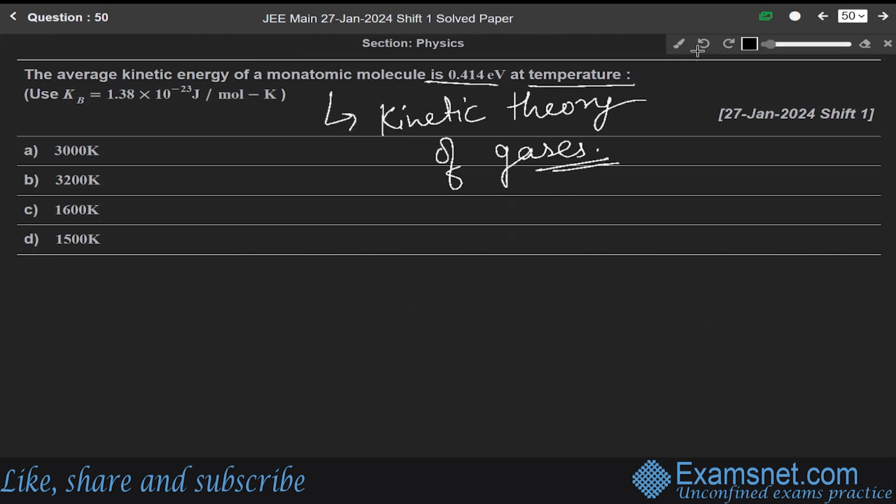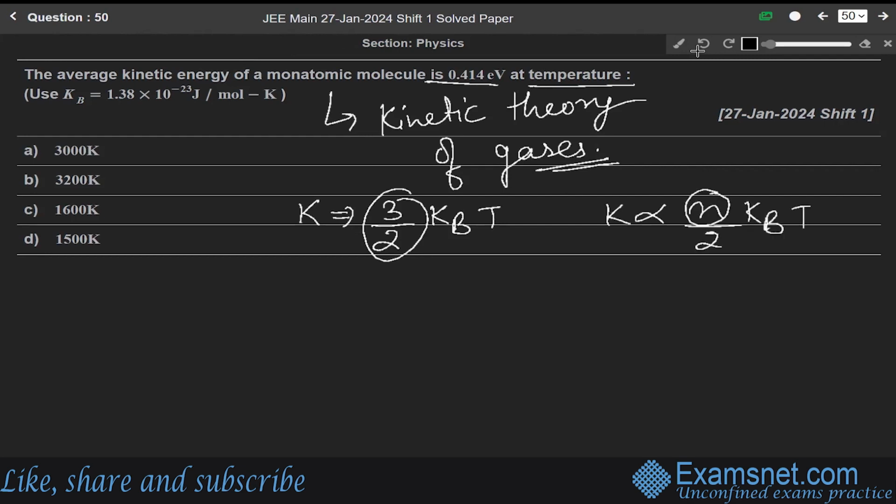For a monoatomic molecule, the average kinetic energy is equals to 3 by 2 kBT. Since kinetic energy is directly proportional to n by 2 kBT, this n for monoatomic molecule is equals to 3. For diatomic molecule, this n is equals to 5.